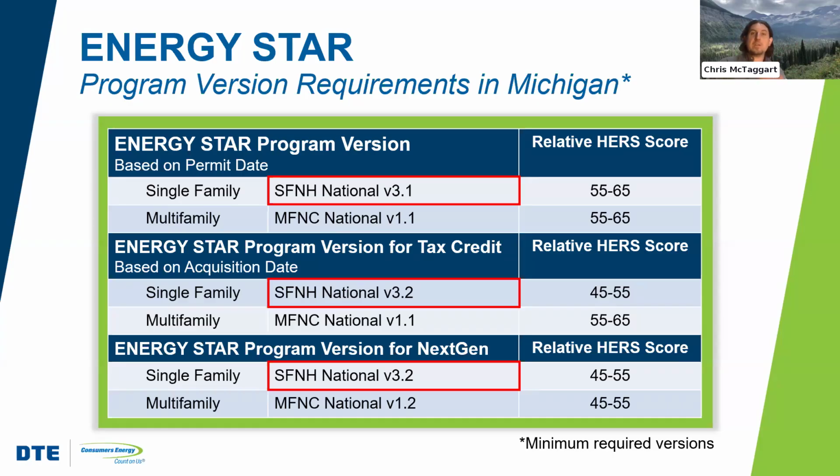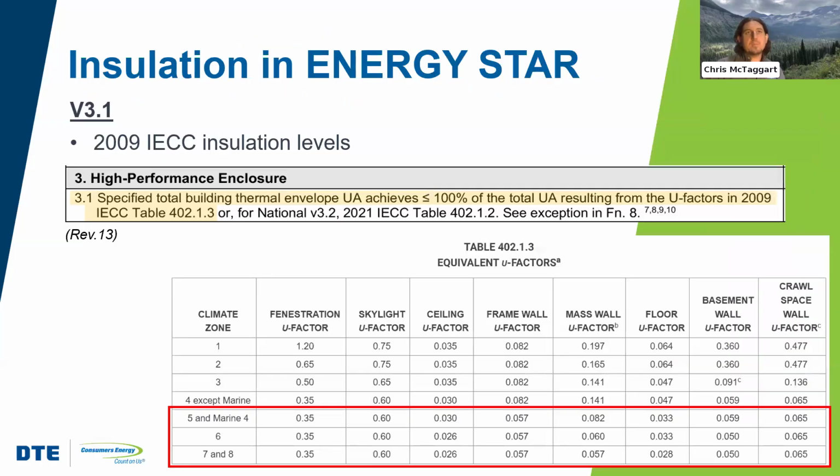If you want to meet the 45L federal tax credit, then you have to meet either version 3.2 or 3.3. And then there's a bonus incentive program going on with Consumers Energy through the end of the year for Energy Star Next Gen, which is an all-electric program. You have to basically meet version 3.2 or 3.3 to participate in that program.